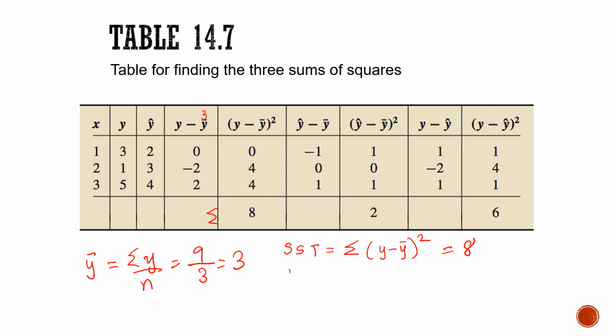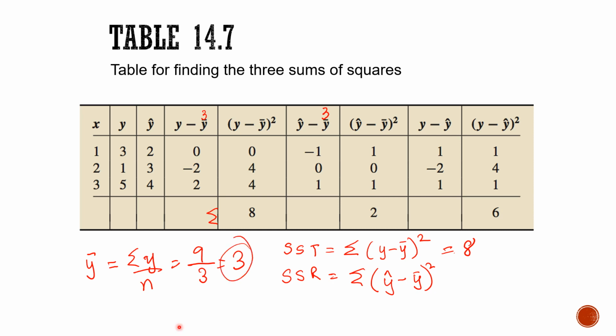Now, what was the formula for SSR? The formula for SSR was sigma y hat minus y bar squared. Okay, so let's see how we work through that. So over here we had y hat minus y bar. Again, what is y bar? Y bar is a 3, correct? We calculated that here.